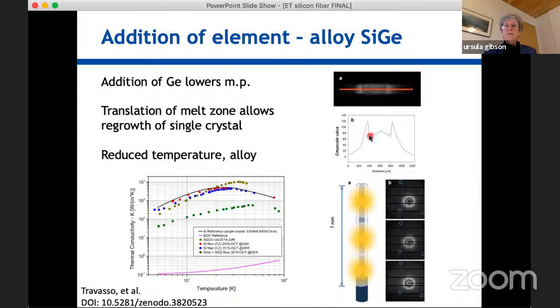And you can see there's a difference in the emissivity of the molten material and the solid. So we can actually watch as we recrystallize. Doing this, we were able to create single crystals along the entire length of the fiber that we annealed. Okay, so this isn't maybe what you guys care about, but it's a first step.